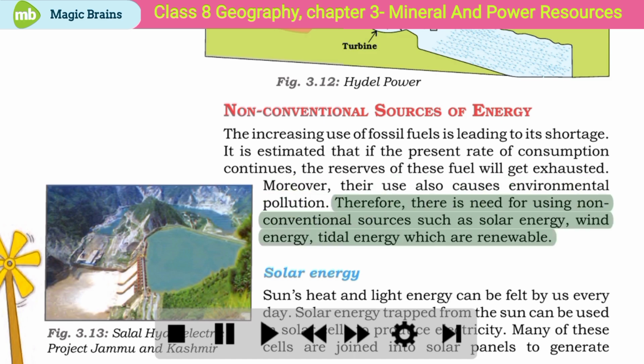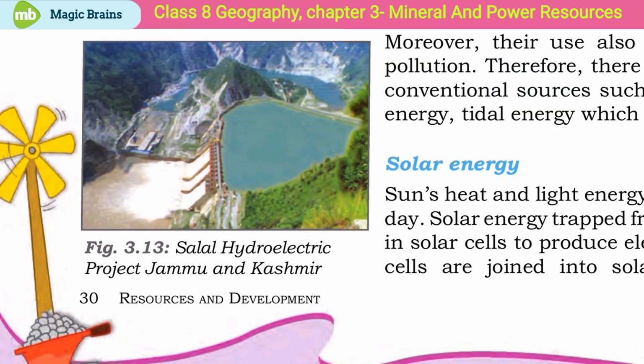Therefore, there is need for using non-conventional sources such as solar energy, wind energy, tidal energy, which are renewable. On the bottom left side, there is figure number 3.13, which shows Salal Hydroelectric Project, Jammu and Kashmir.